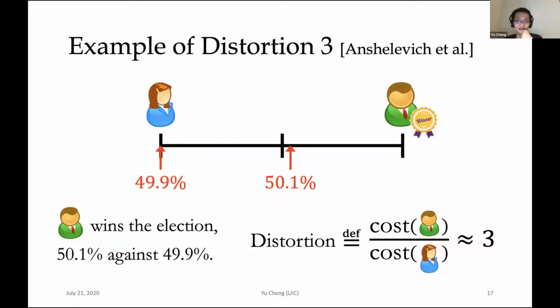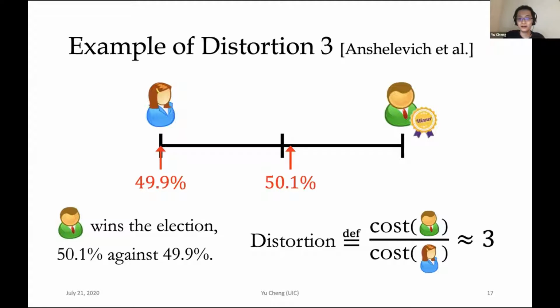Unfortunately, in this case, the green figure is going to win because he's going to gain all the voters in the middle. Okay. And the distortion of majority rule on this instance is 3. Okay, so this is a canonical example. I think Elliot referred to some earlier work, but I just pointed to his paper.